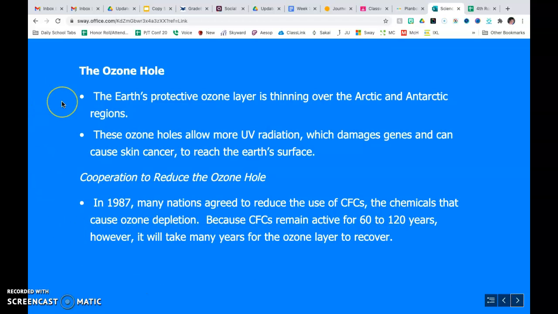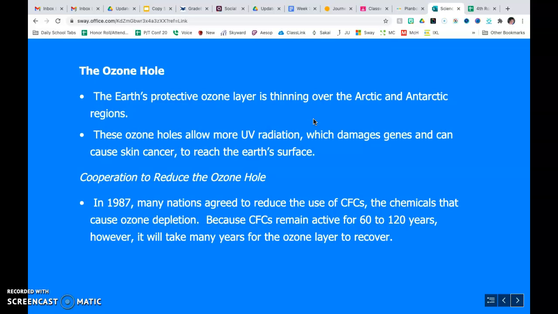So you've probably heard of something called the ozone hole. Remember, we've been talking about the different layers of the atmosphere. And we know that Earth's protective ozone layer, according to some scientists, is thinning over both the Arctic and the Antarctic regions.